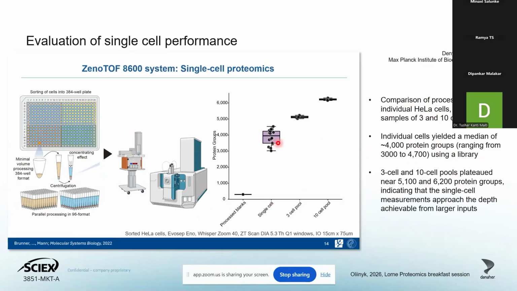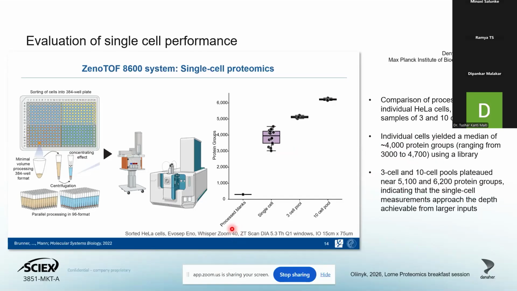You can see the data with the 8600: around 4000 protein groups, ranging from 3000 to 4700, average 4000 protein groups identified using this 8600 system, and the 3 and 10 cell pool also identified 5100 to 6200 protein groups.